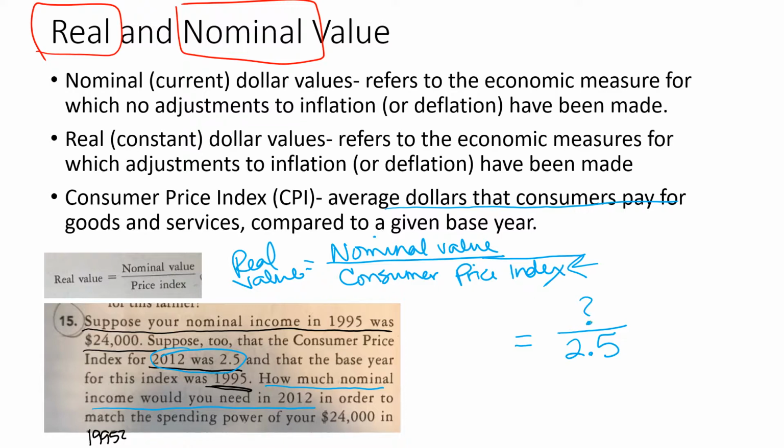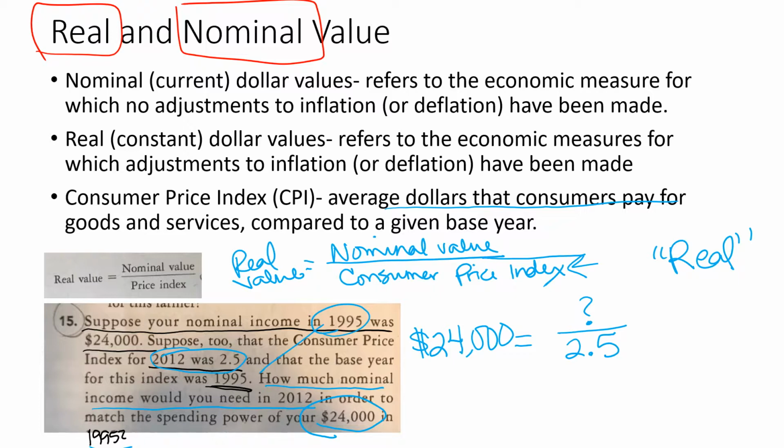We do not know that. In order to match the spending power of your $24,000 in 1995, this $24,000 is actually going to be our real value in this case, because they've told us that 1995 is the base year. So that's the comparison that we are looking for.